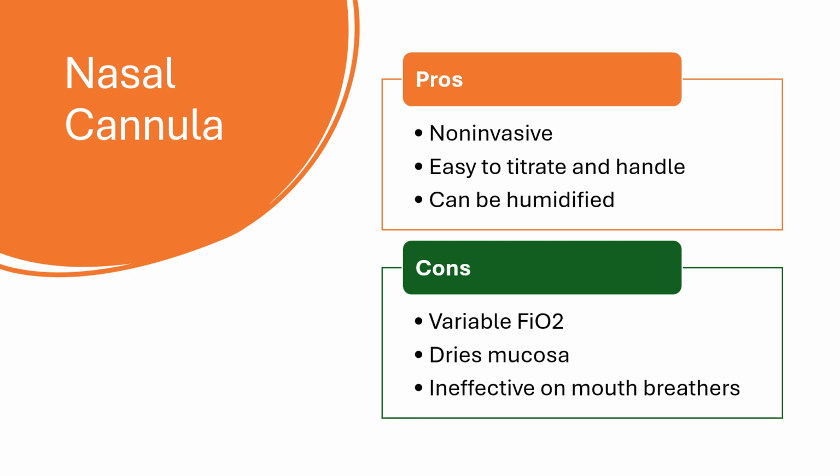Cons: variable FiO2. This is where you walk into the patient's room and their nasal cannula is hanging off the side of the bed. At that point, it's not really helping them. It also dries the mucous membranes. That's why we want it to be humidified. And it's ineffective on mouth breathers. If you're a mouth breather, then the nasal cannula is not going to help you.